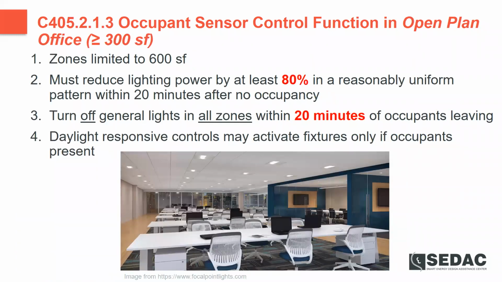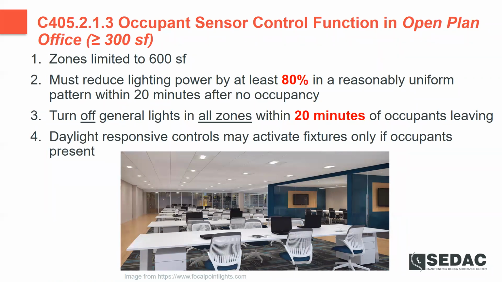Moving on to the open office plan section of the lighting occupant sensor controls. For open plan offices greater than 300 square feet, you have individual control zones in an open plan limited to 600 square feet. And within those zones, lighting must be reduced by at least 80% in a reasonably uniform manner within 20 minutes of that zone being unoccupied.